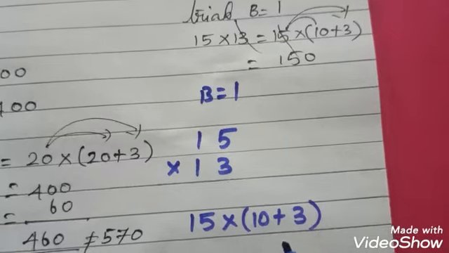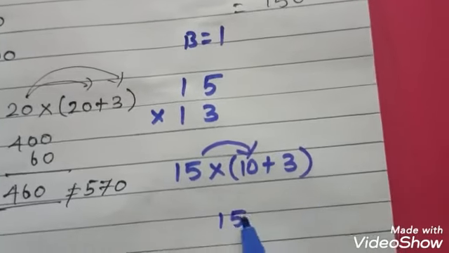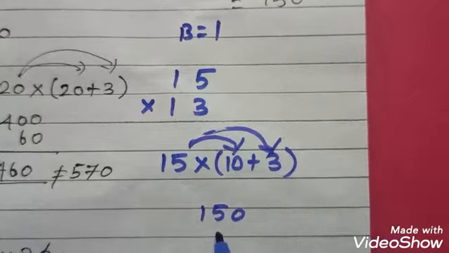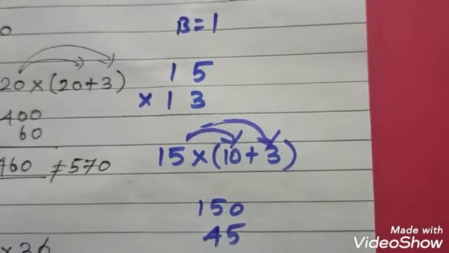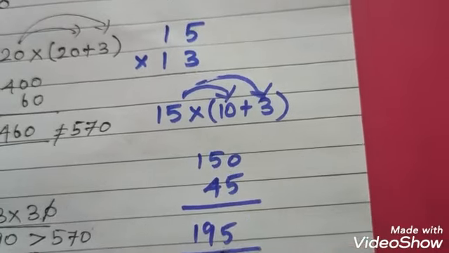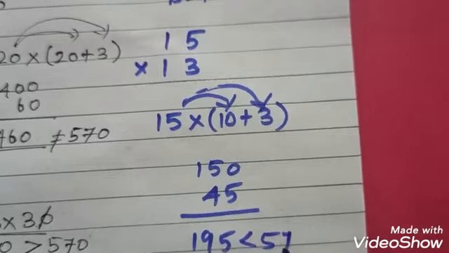This 13 can be written in the general form. So first 15 into 10, 150. So it is an easy way of multiplication. And 15 into 3, you get 45. So you know that it is 195. So already you know, 10 tens are 100 only. So it is less than 570.